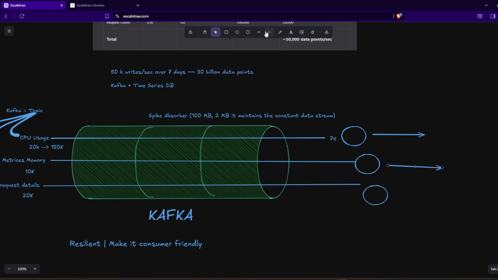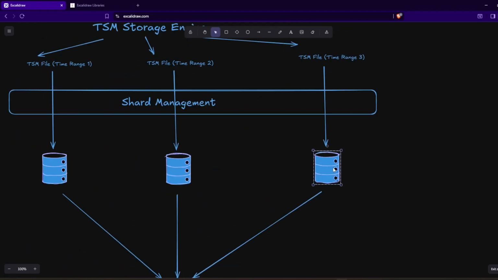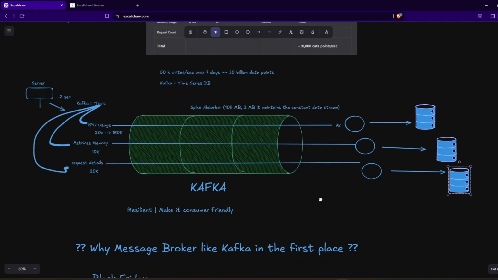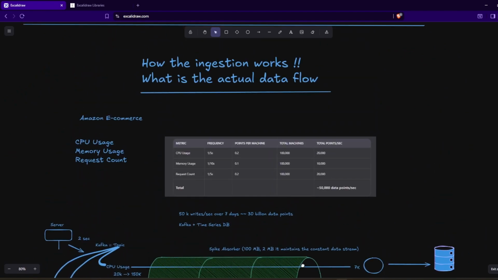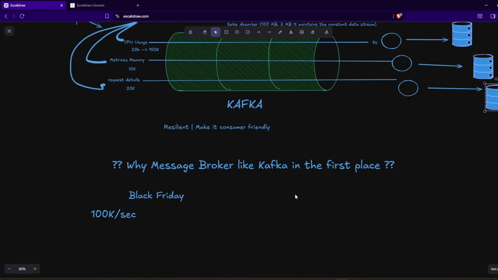So all the TSM files that we were talking about, from here the data would go to our database as TSM files. Okay, so this is the whole flow that I wanted to discuss as a part of our data flow, and as a part of our ingestion process.